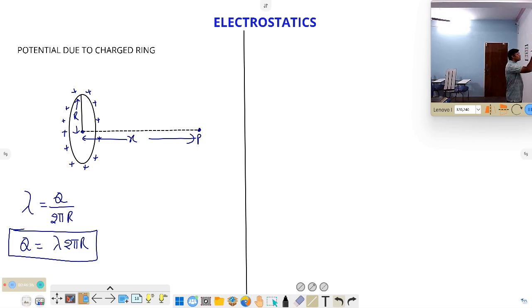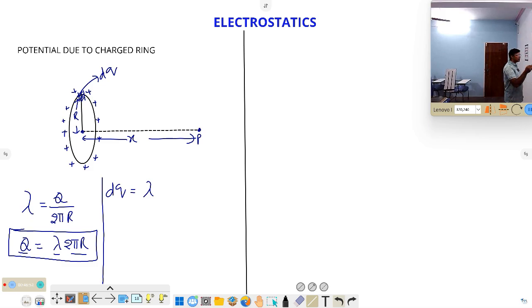So I am taking a small elementary portion of the ring, and the charge on it is equal to dq. In terms of linear charge density, the total charge is q equal to lambda into 2 pi r.